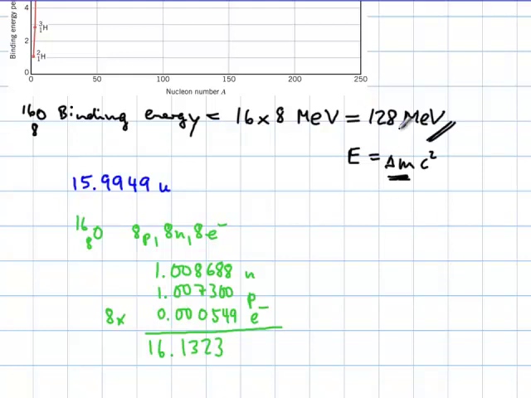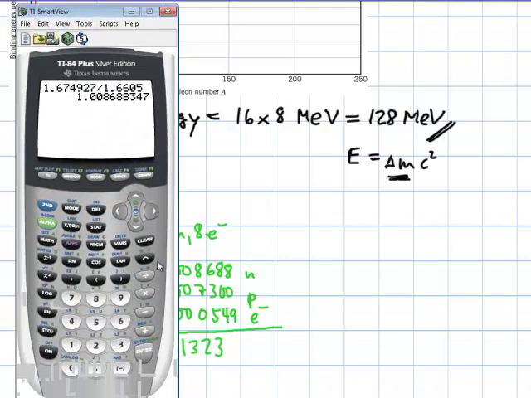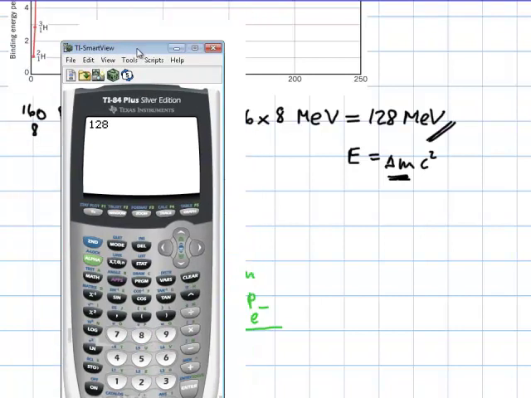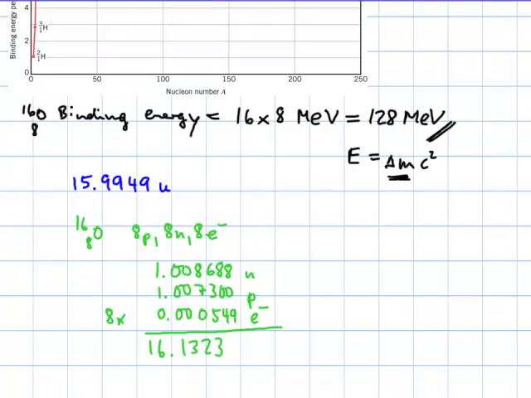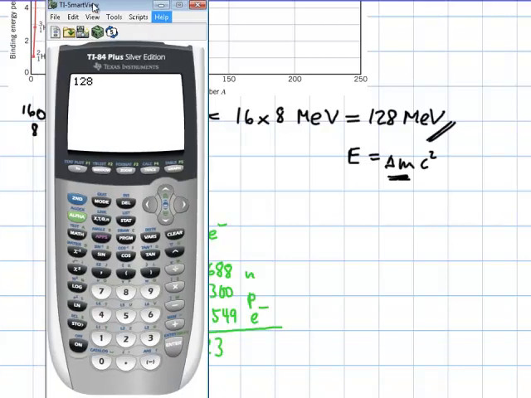I'm going to take the 128 mega electron volts, and first I'm going to change that into joules.